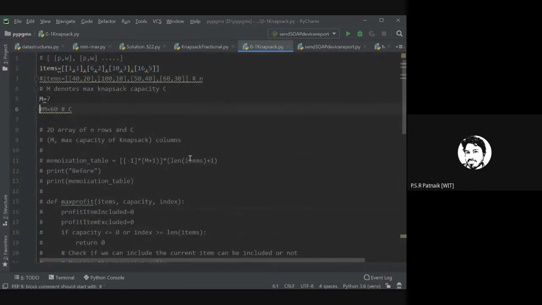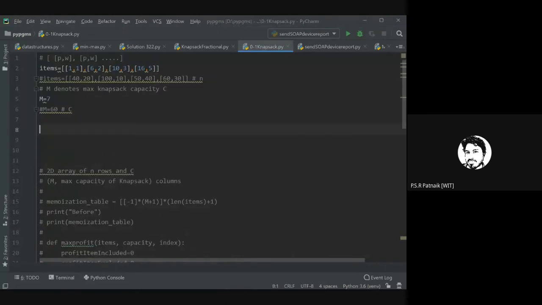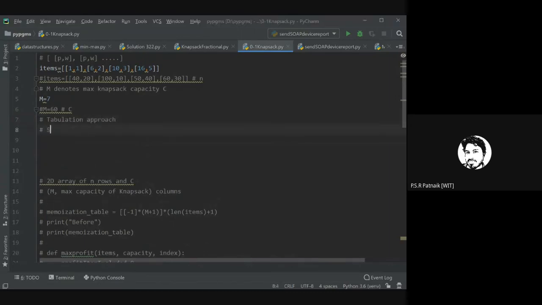Let me start with, we were done here. Okay, let me write tabulation method start.